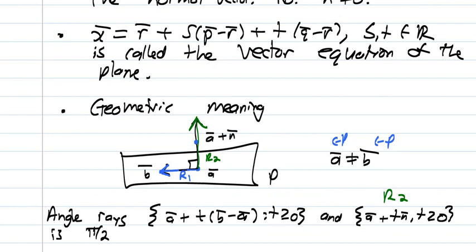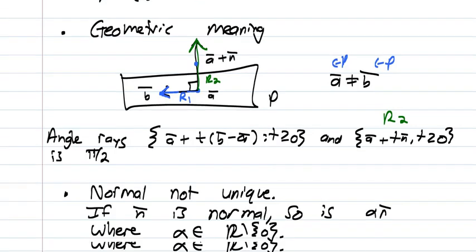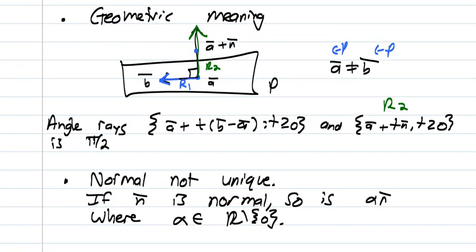So another way of saying this is that if you draw any line in the plane, it will always be perpendicular to a normal vector. So you just have to appropriately construct another line, and it will always be normal. Alright? So as you can see, normals are not unique.